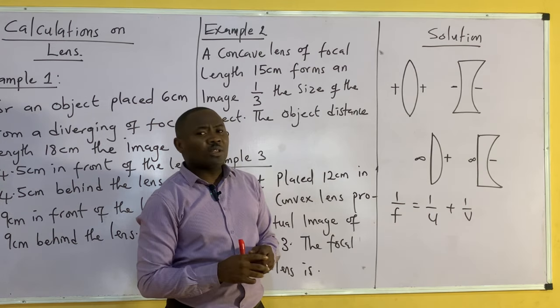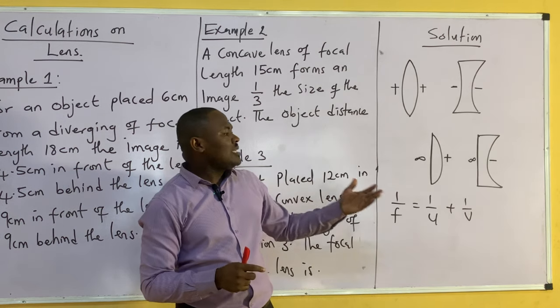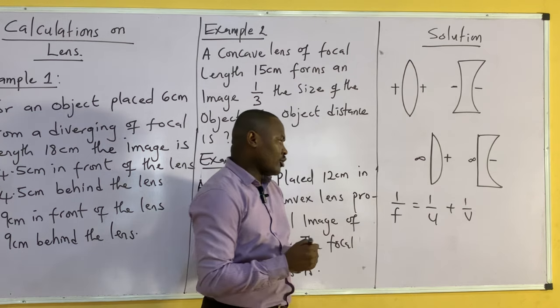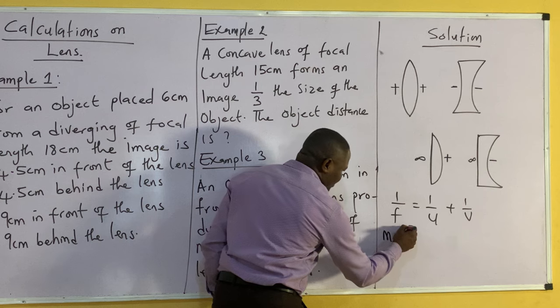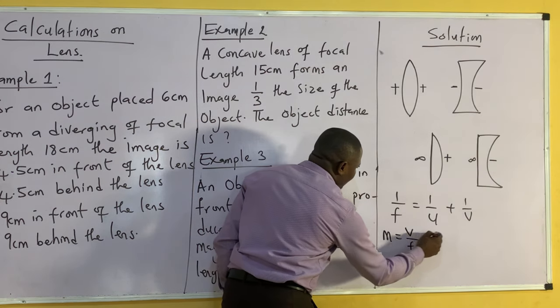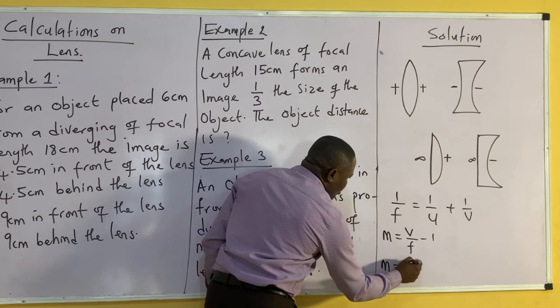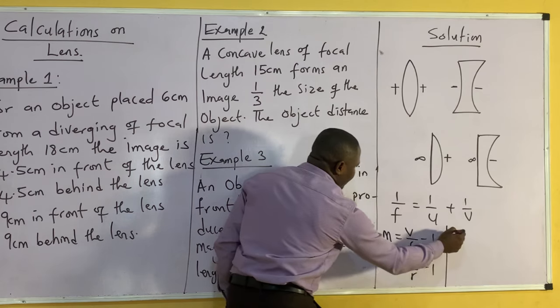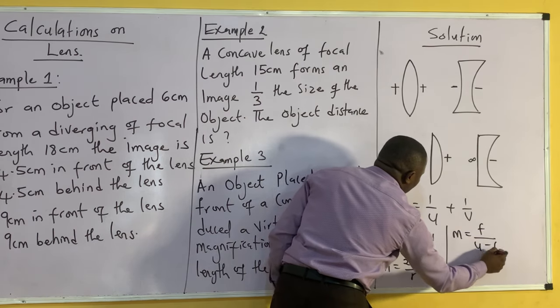Now, secondly, there are certain formulas that will be needed to ease calculation if magnification is added. Remember, we have magnification equals v over f minus 1. We have magnification equals 2v over R minus 1. We have again magnification equals f over u minus f.